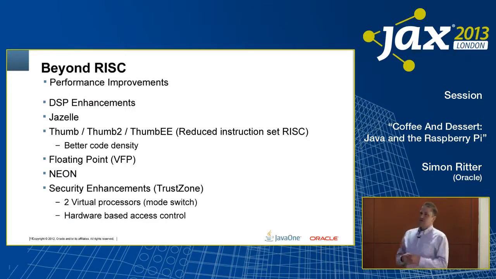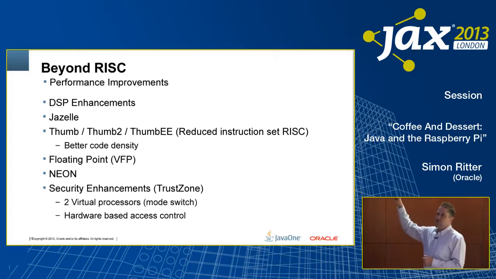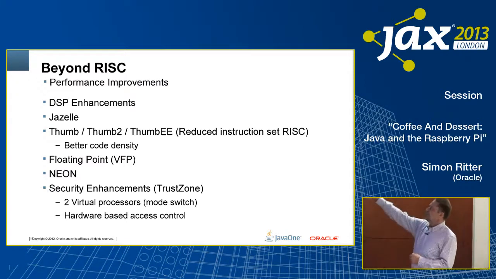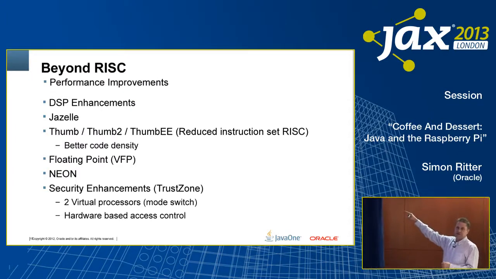There are a few other things you can look at to improve the efficiency of both the Linux distribution and Java on top of the standard build, because a lot of the ARM technologies are optional bits you can get inside there. So there are things like digital signal processing enhancements. Not much use for us on the Java side of things. It's really for how you make mobile phone calls, that kind of thing. There's a thing called Jazelle, which is a bytecode instruction processor built into silicon.